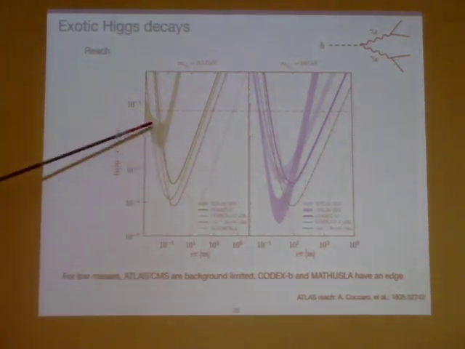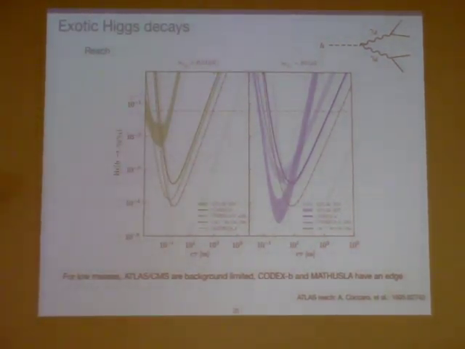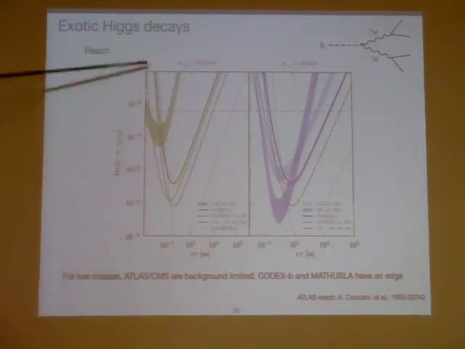If you're light enough, the backgrounds to look for a single vertex are essentially prohibitive. You can't set any limit whatsoever. So what they're doing for this search is looking for 2 different long-lived particles on opposite sides of the detector. That means that if you increase the lifetime, you lose quadratically rather than linearly. And so that's why you're turning off much faster than what CODEX-b would do.